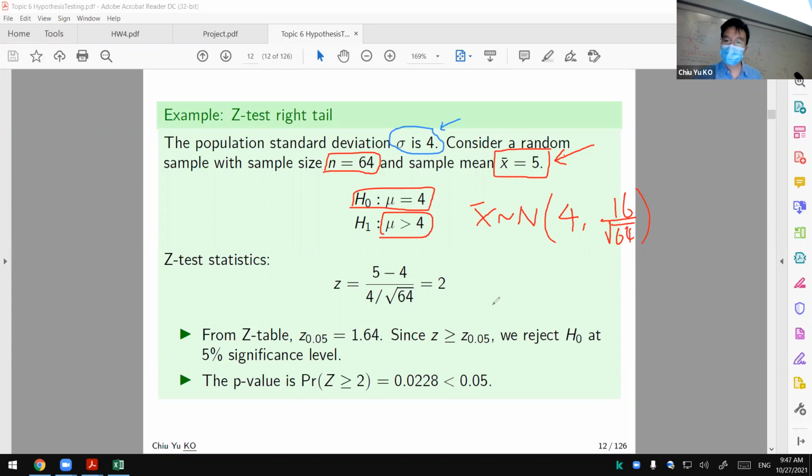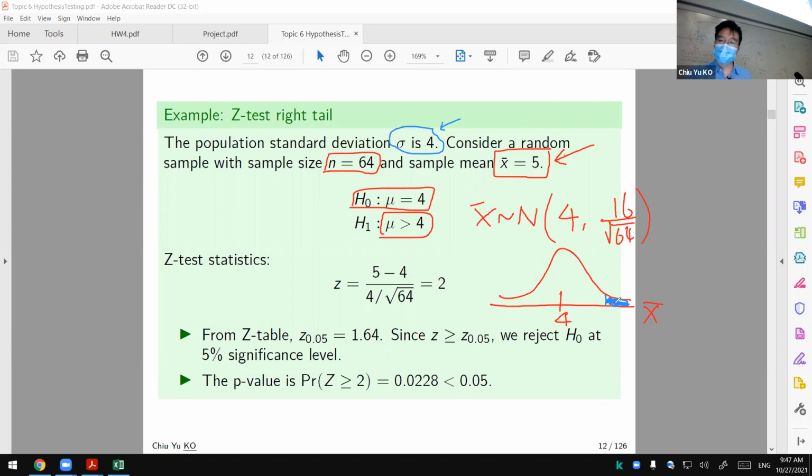This is the bell shape you have here. This is X bar, the mean is here. If you want to reject for more than 4, that means if it's sufficiently more than 4, then you would say, okay, the 4 is unlikely.